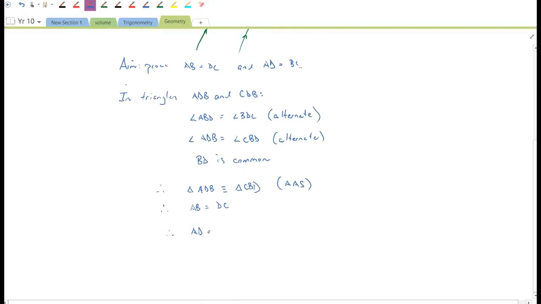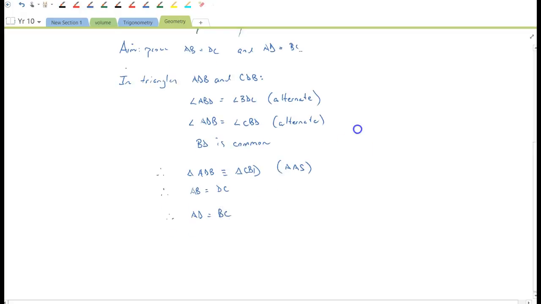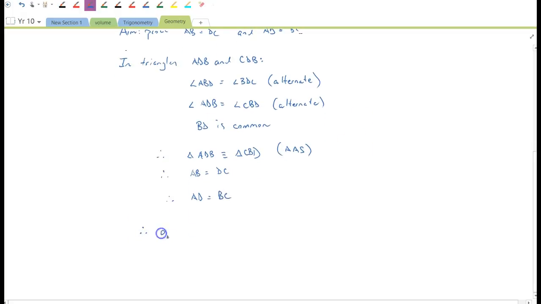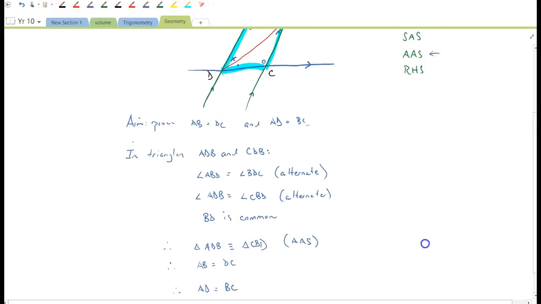So therefore, what we've proved here, this is real maths, this is really heavy stuff, is that opposite sides of a parallelogram are equal. Okay, that's pretty serious stuff.